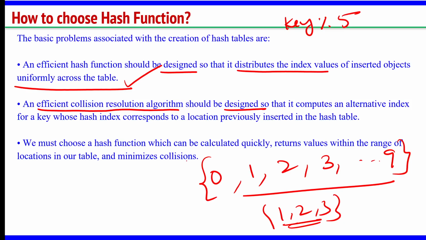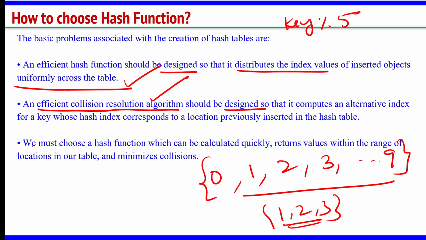When you are trying to fill the values in the hash table, some collisions happen. What is a collision? That box is already occupied, you are trying to fit a new value in there, and it is not accepting because that box is full. So you should have some proper mechanism to avoid that collision.